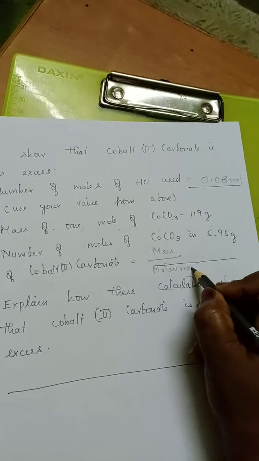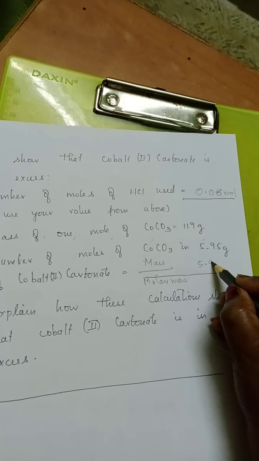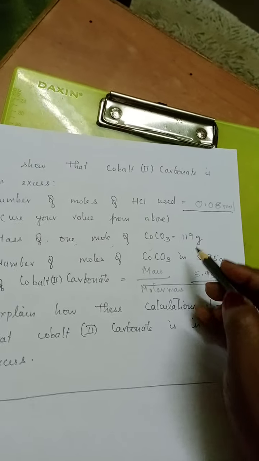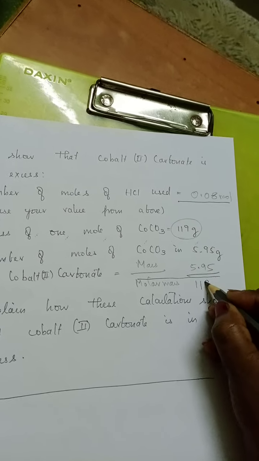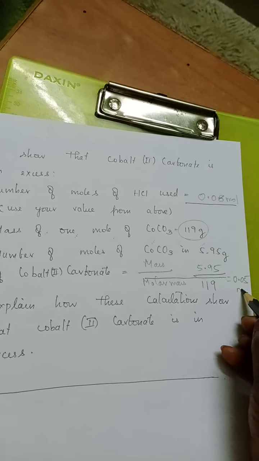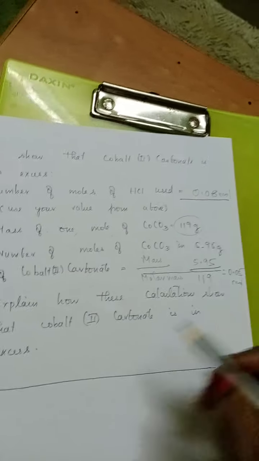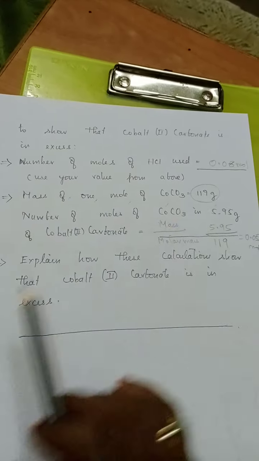What is the given mass over here? 5.95. And what is the molar mass? 119. So 5.95 by 119, you will get 0.05. So 0.05 mole is the moles of CoCO3.